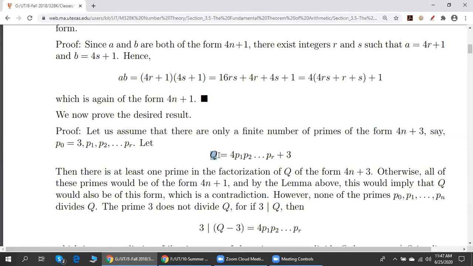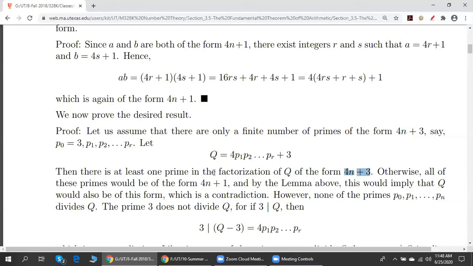Now let us factor Q. Let us factor the whole thing. So over here we claim that one of the factors of Q is of the form 4n plus 3. Moreover, one of the prime factors. Here is why.